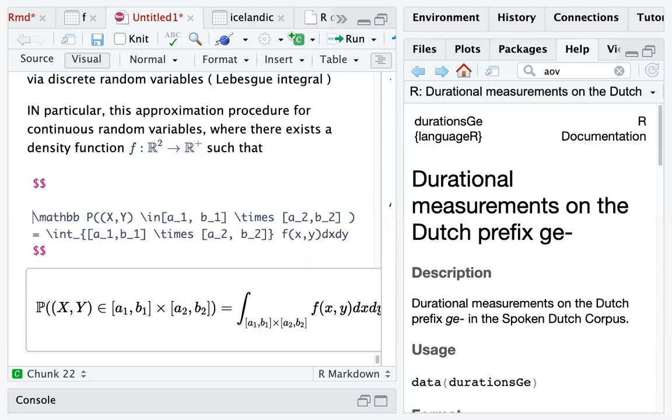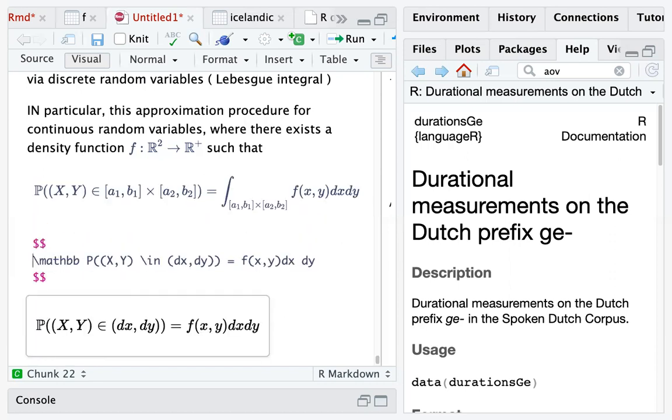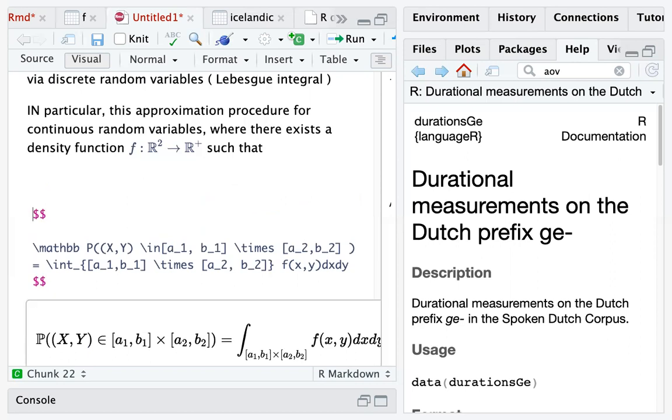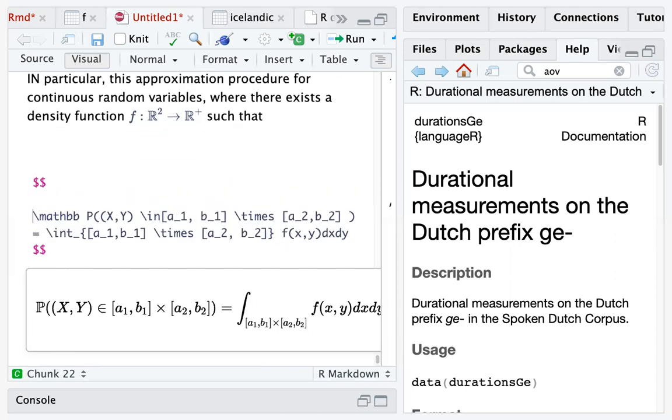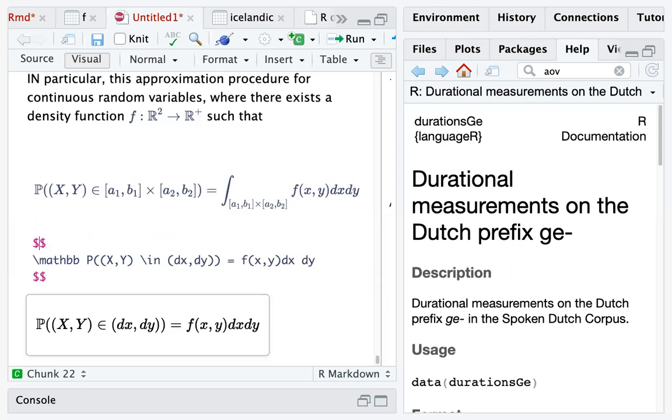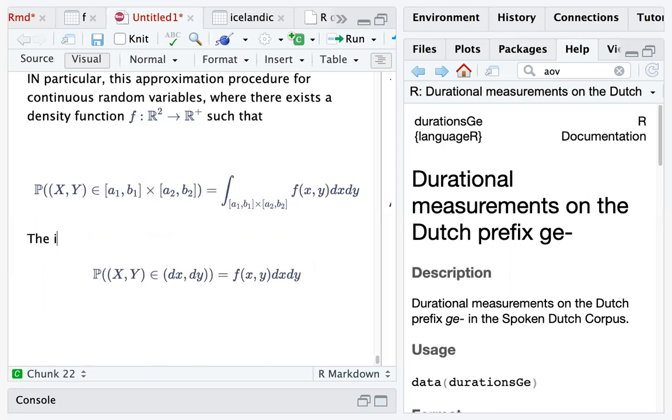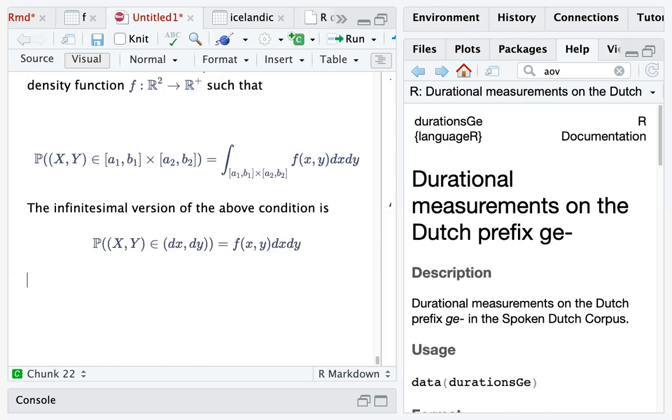This is the infinitesimal version of the above. Okay, you don't need to know.